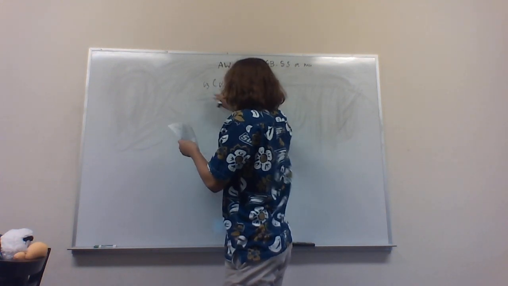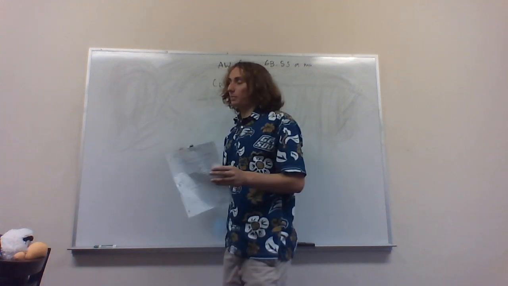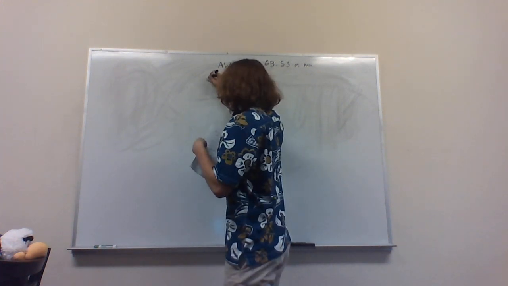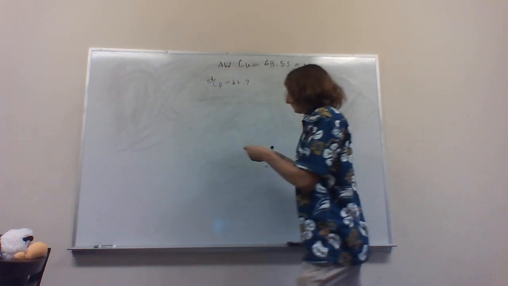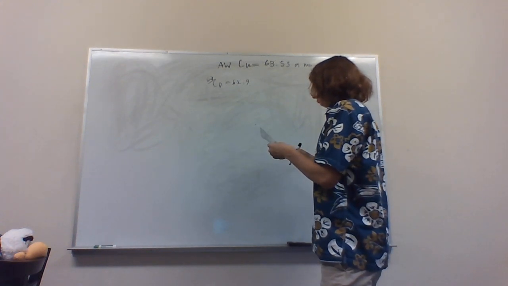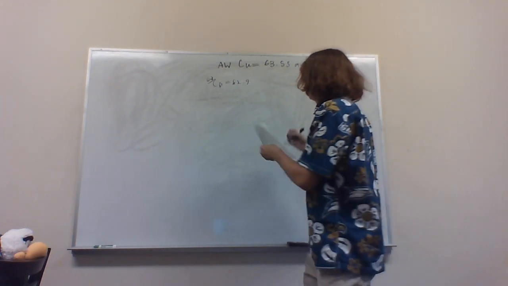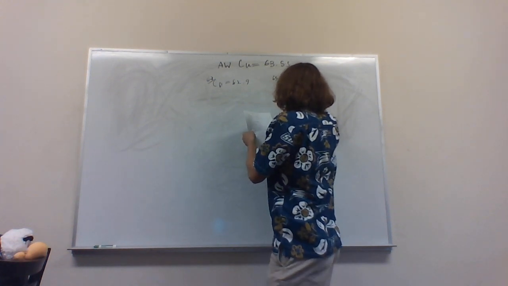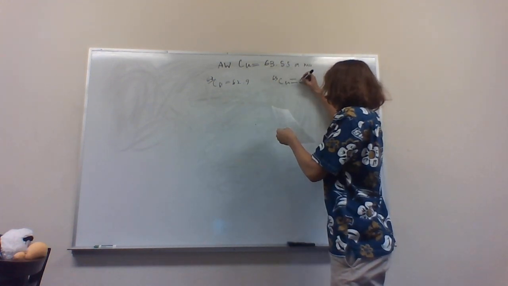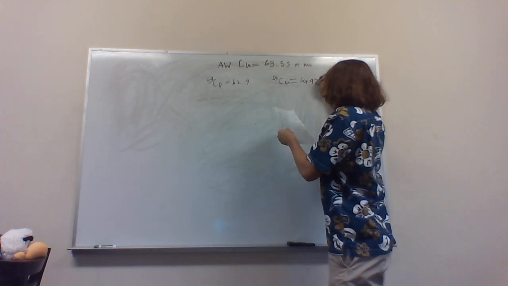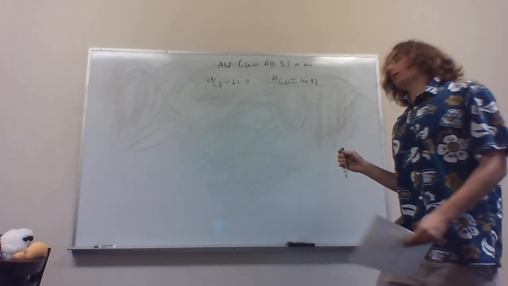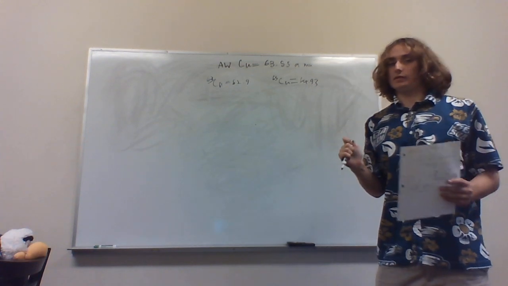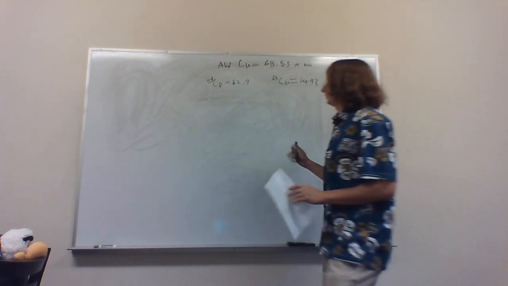We have an isotope of copper with a mass number of 63, whose mass is 62.93, and an isotope of copper with a mass number of 65, and its mass is 64.93. I got a little confused there, I'm sorry, because on the document it's written differently.